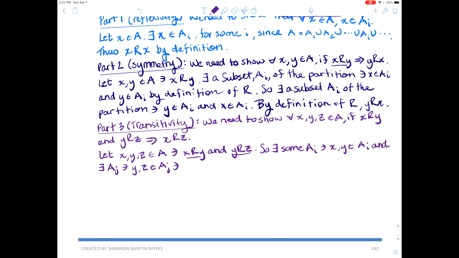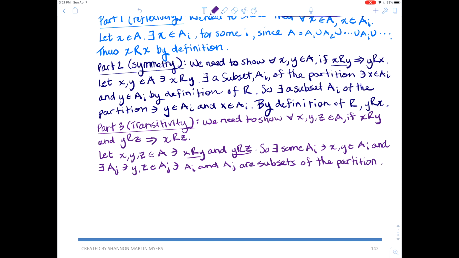We also need to say that AI and AJ are subsets of the partition. Good so far?